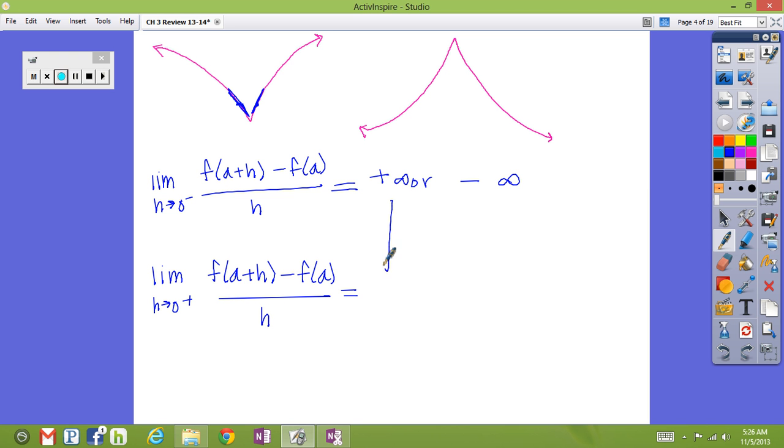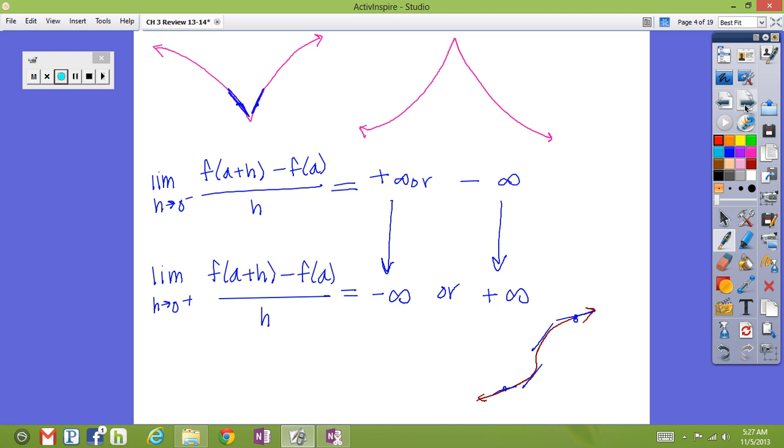So if this is positive infinity, then this one has to be negative infinity. If this was negative infinity, then this one has to be positive. The difference between that and a vertical tangent: if you look at this graph, the slope is positive here, positive here, it actually stays positive. So the difference would be that if this one was positive infinity, then this one would also be positive infinity. That's what makes the difference between a vertical tangent and a cusp.